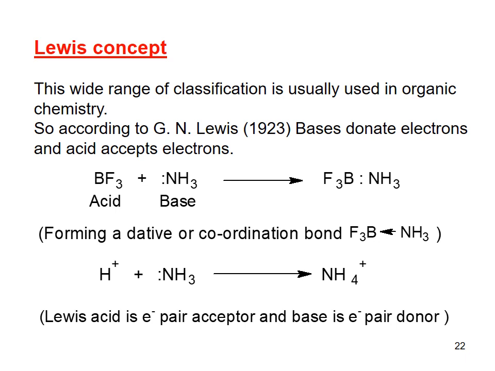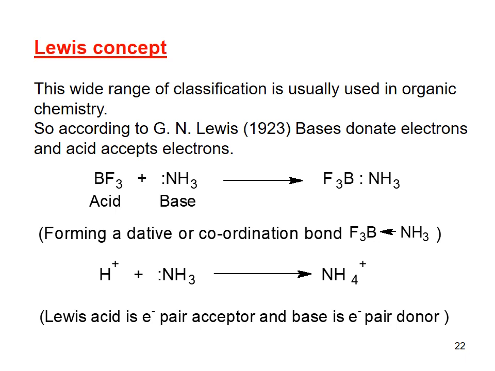Since ammonia is donating electrons, ammonia is a base, and BF3 is accepting the pair of electrons, so it becomes an acid. So it can be denoted as BF3.NH3.